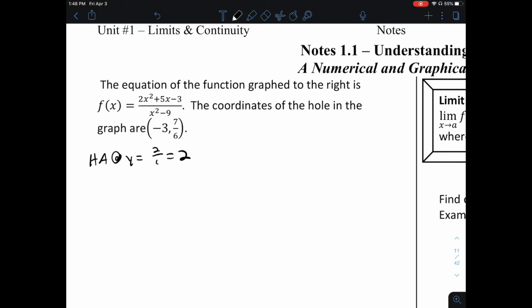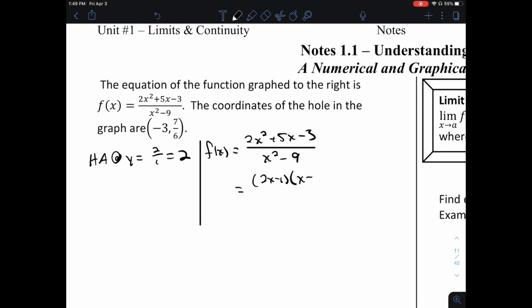To find the vertical asymptote and the holes, we would want to factor this function. The numerator factors into 2x minus 1 and x plus 3.